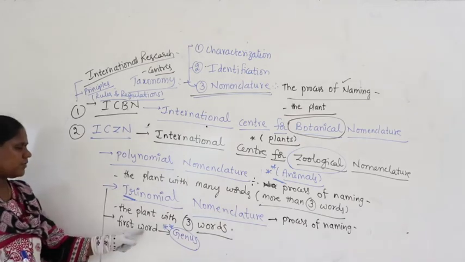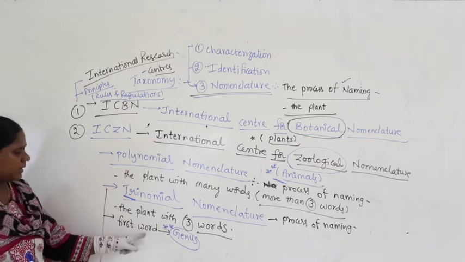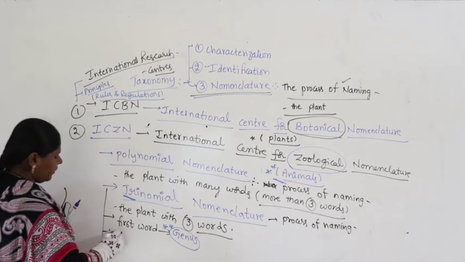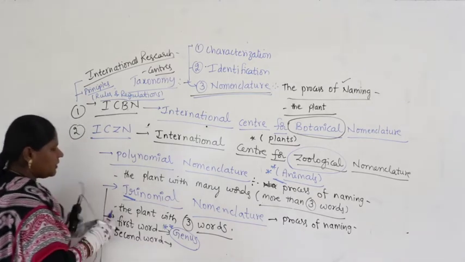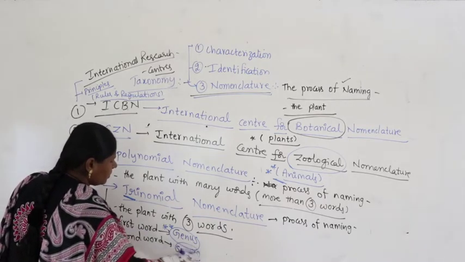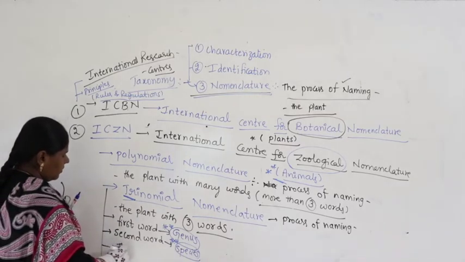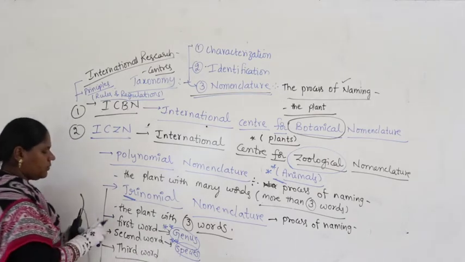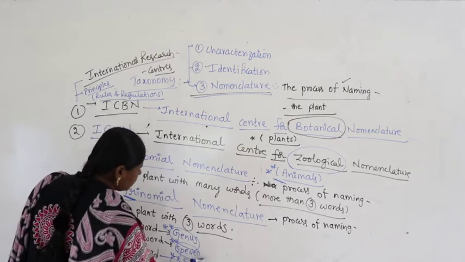The first word in the scientific name is called a genus. The second word in the scientific name is called a species. Then the third word in the scientific name of the plant is referred to as a subspecies.